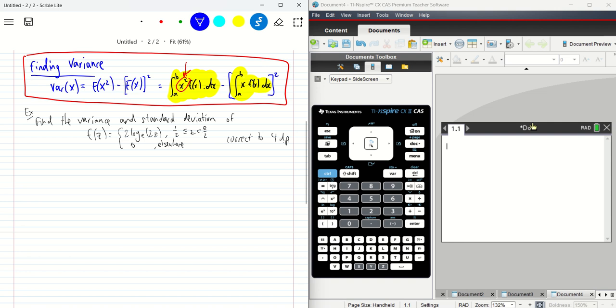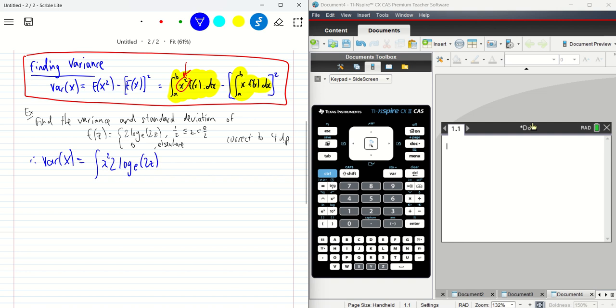Okay. So firstly, to be able to work our way through, what we need first is E of x squared. Should I just do it all in one go? If we've got the CAS calculator, let's just do it. All right, let's say variance of x, let's be brave, is equal to the integral of x squared times 2 log e of z.